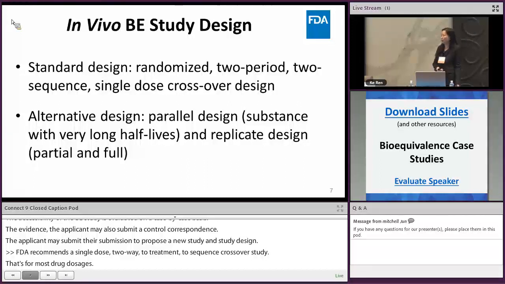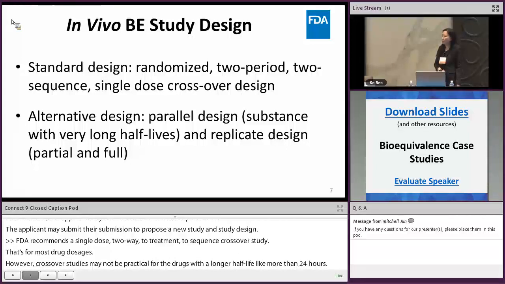In such cases, the applicants can choose a parallel design, where the two treatments are dosed to two separate groups of subjects with similar demographics.